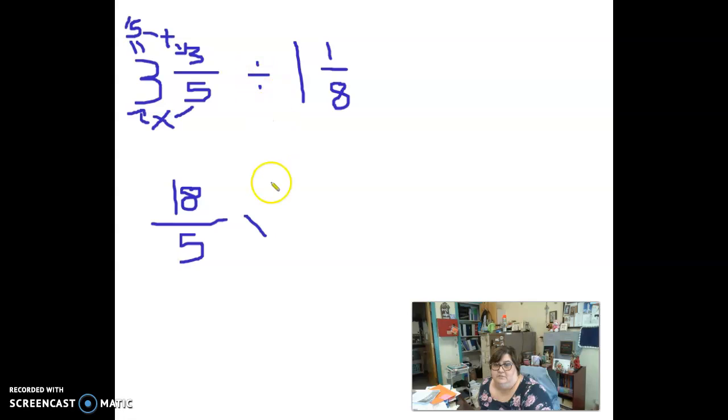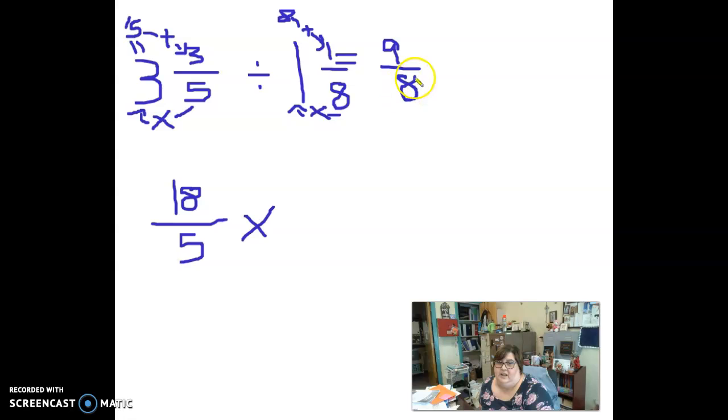Okay, so division is going to change to multiplication just like before. And then we do the same thing with this one. 8 times 1 gives us 8, plus 1, which gives us 9.